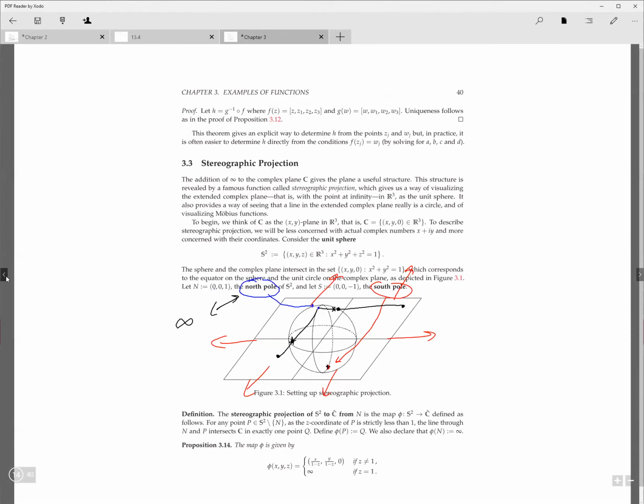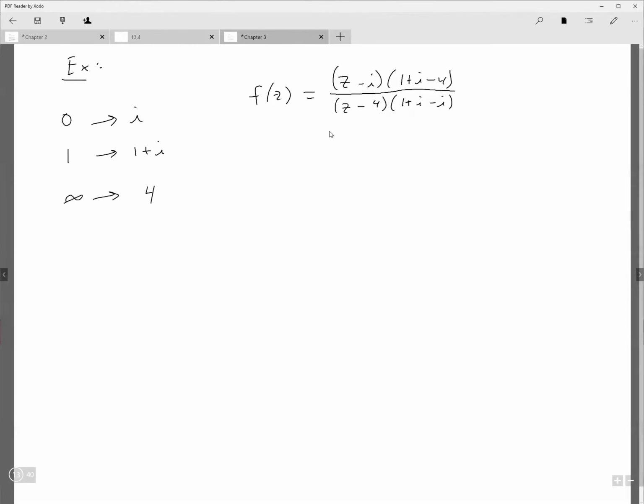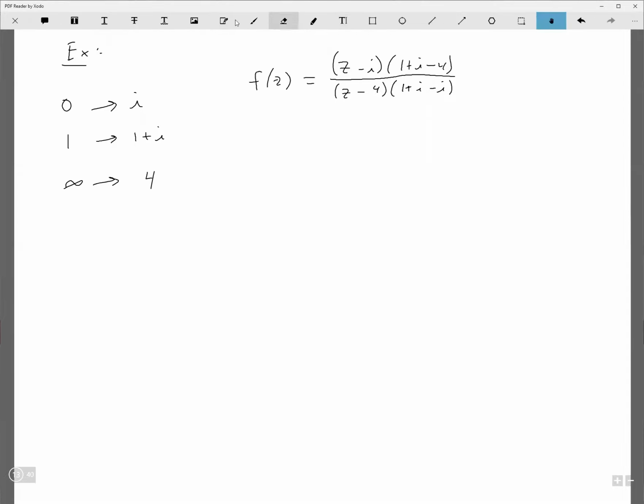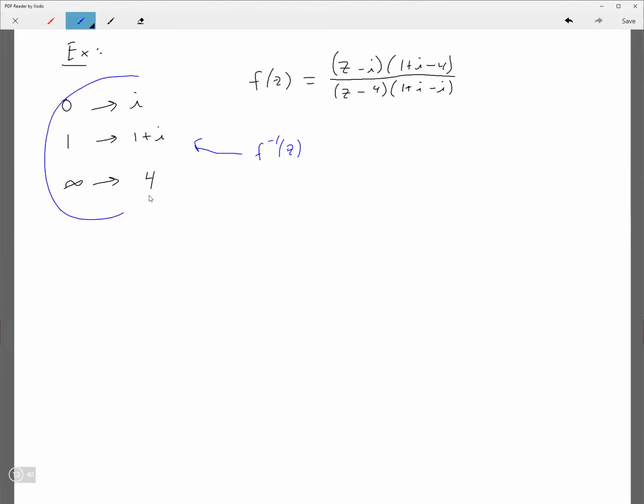Wait, you said that was the inverse, right? No, this is the function right here. Yeah, this is the inverse of what we want. I should probably specify: if that's f, then f inverse of z is going to have these properties.